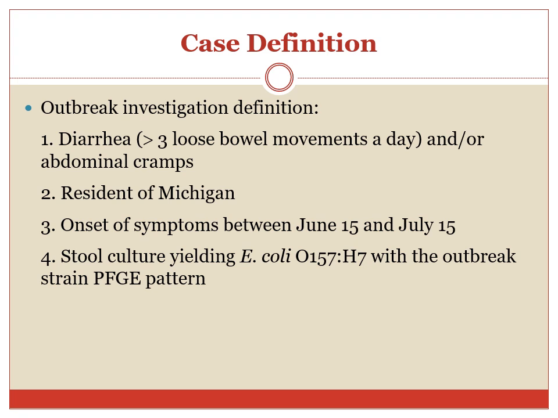And they also had to have a stool culture yielding E. coli O157:H7 with the outbreak strain PFGE pattern. Because if you have the old one, it means that these cases belong to the endemic rate, but not to the outbreak. So you have to have the outbreak PFGE pattern in order to classify a case within the outbreak.